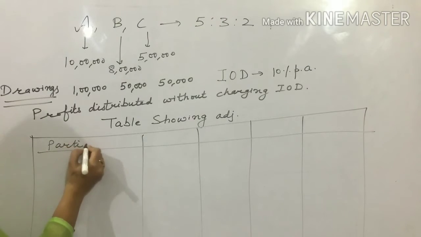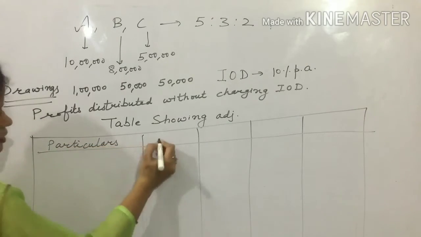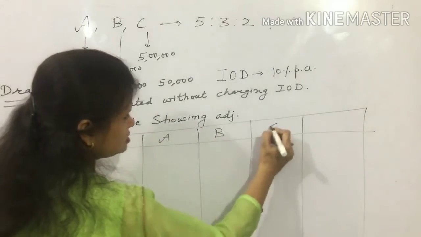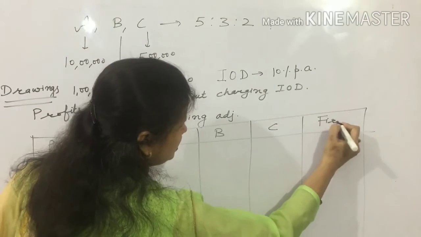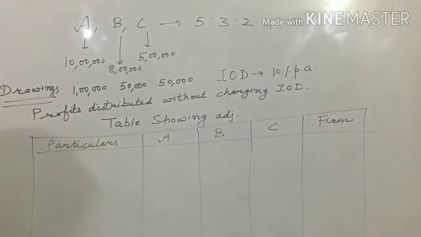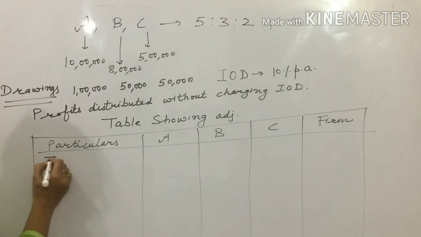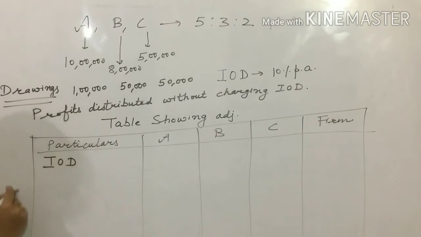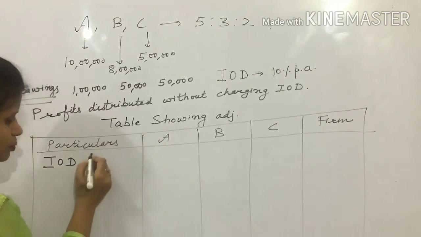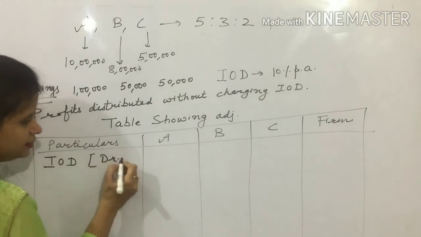Particulars. A's capital, B's capital, C's capital, and it is from P&L appropriation account. Now, interest on drawings. What is to be done? It is to be charged from the partners. So, partners will be debited.